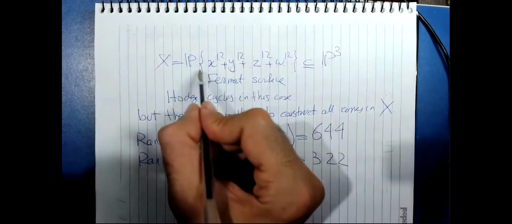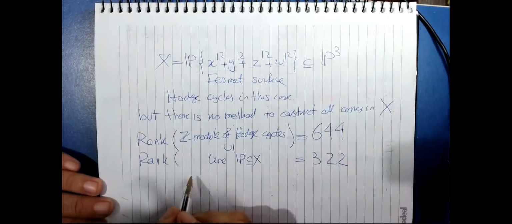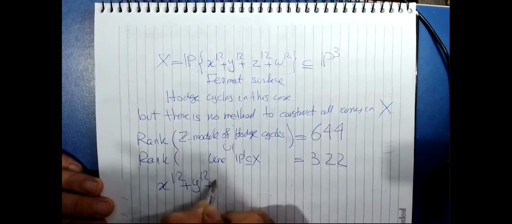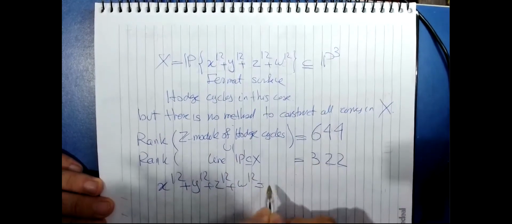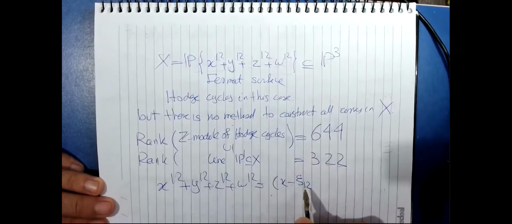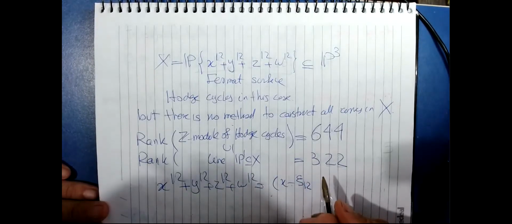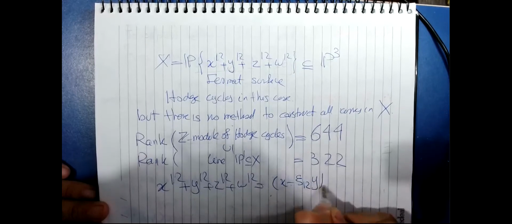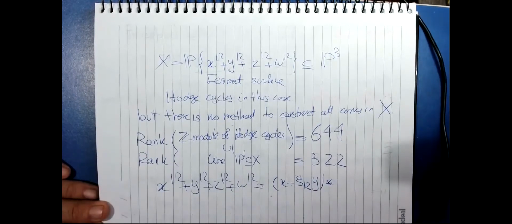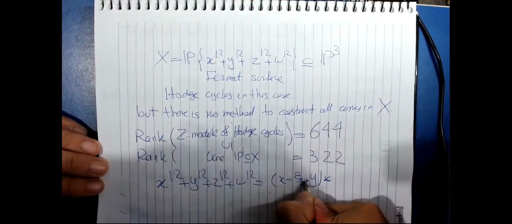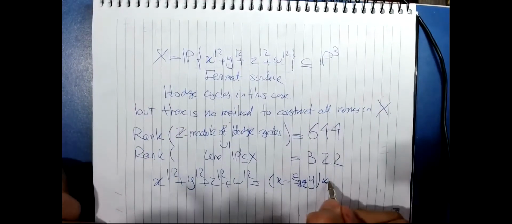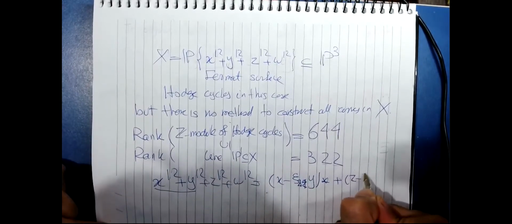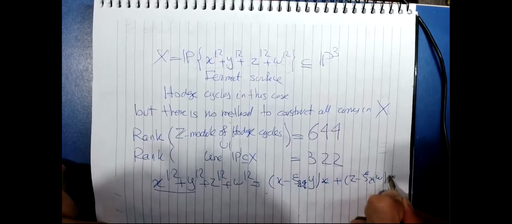I have to mention that the Fermat surface has a lot of lines. For example, if you write x^12 plus y^12 plus z^12 plus w^12 in this format, x minus zeta_12 y, where zeta_12 is a 12th root of unity, and so on. Actually here it must be a 24th root of unity, so we can decompose this as x minus zeta_24 y times z minus zeta_24 w, times some other polynomial.